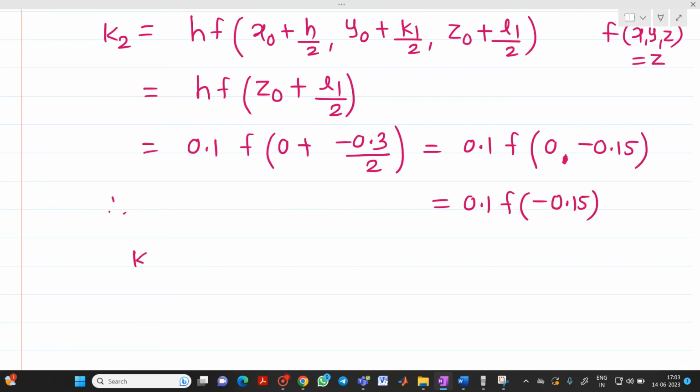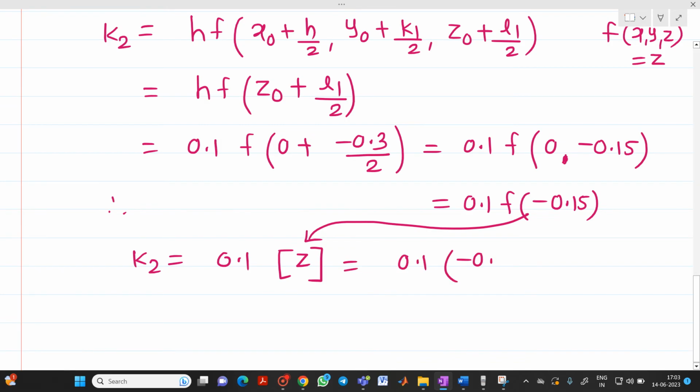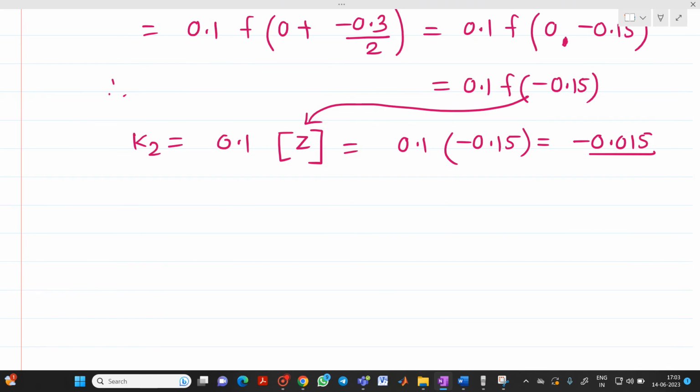Therefore I am writing it like this, 0.1 into z. So this will be your value of z. So what you will get? You will get the answer as 0.1 into minus 0.15, which will be equal to minus 0.015.